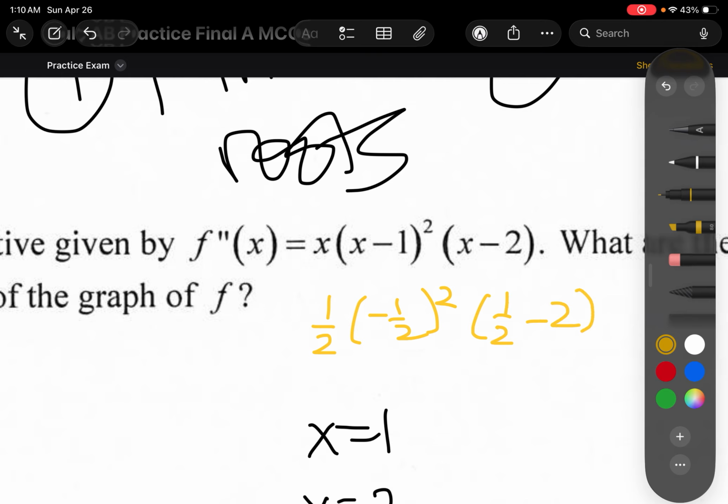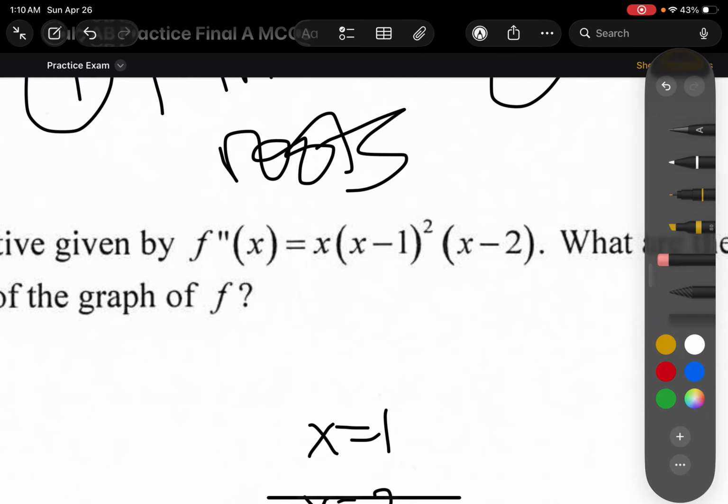So this is going to be positive, and this is going to be negative. A negative times a positive is going to be negative. So this is going to be negative from 0 to 1.